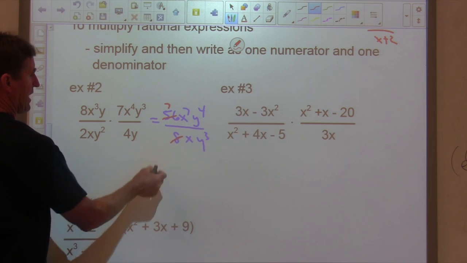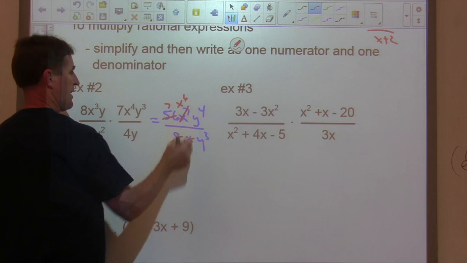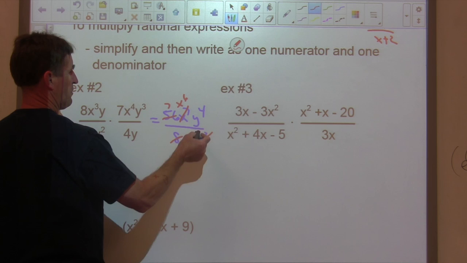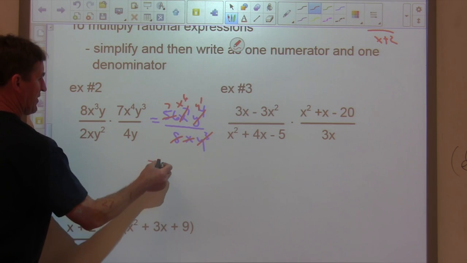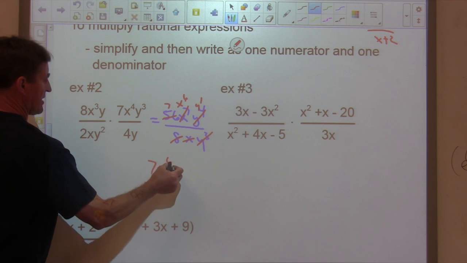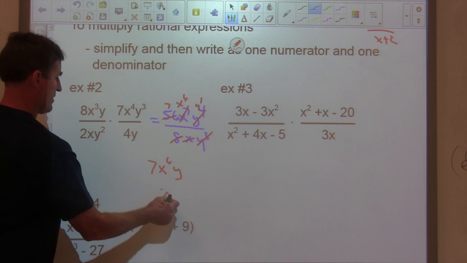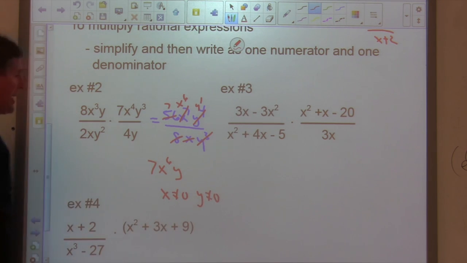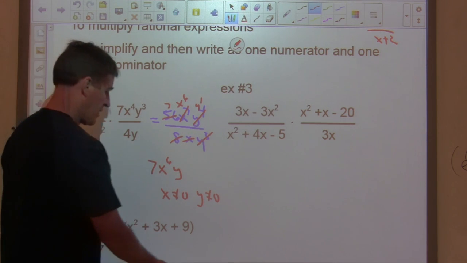X to the 7th divided by x, you'd cancel 1, and you'd have x to the 6th left. And this would cancel 4 minus 3 would be y to the first. And so we get y to the first, and our answer would be 7x to the 6th y. Our restrictions would be x cannot equal 0 and y cannot equal 0, because we have an x and a y in the denominator. So that's one way to do it.